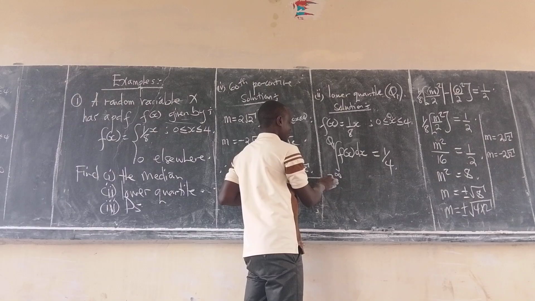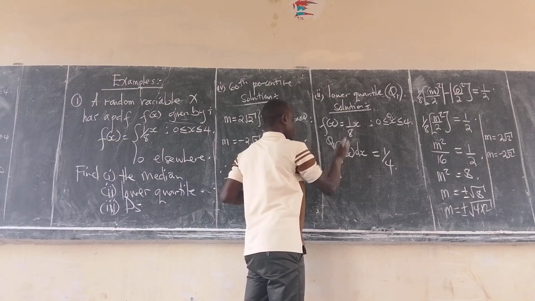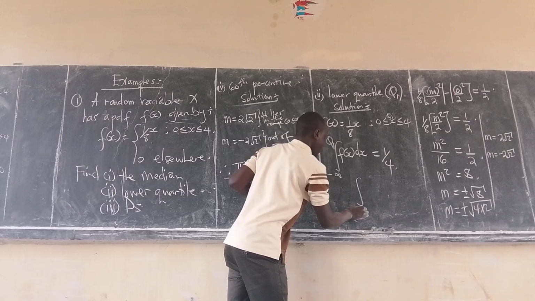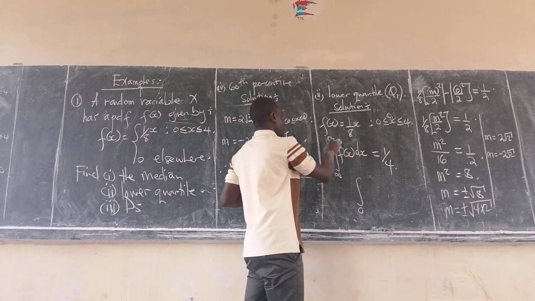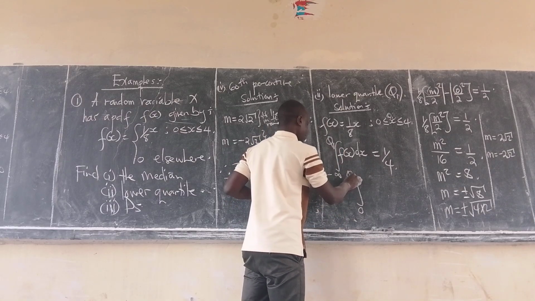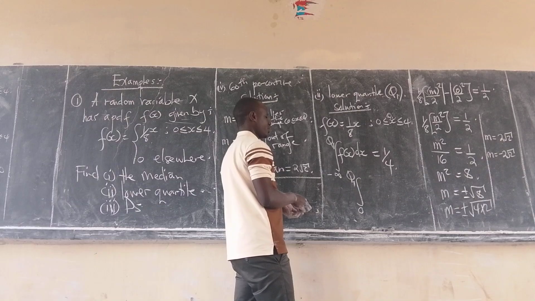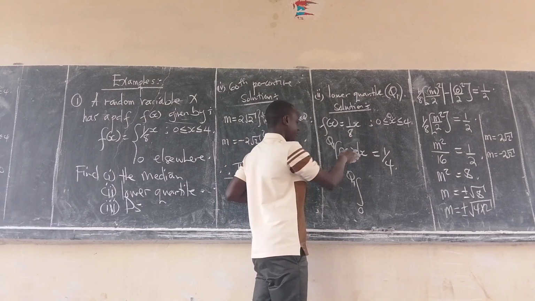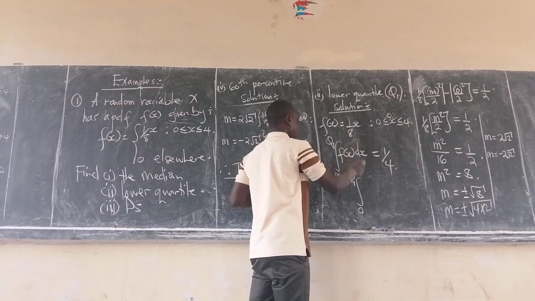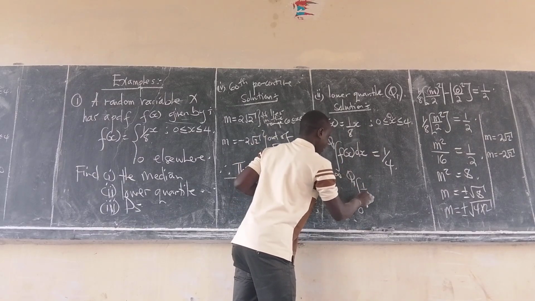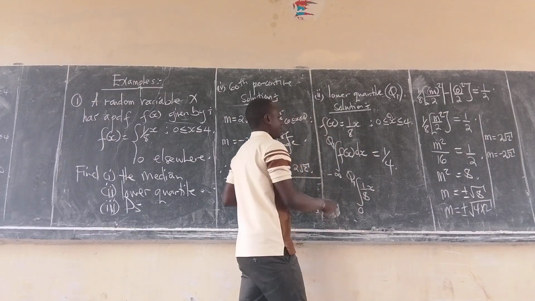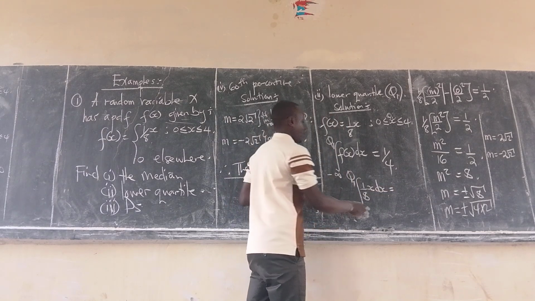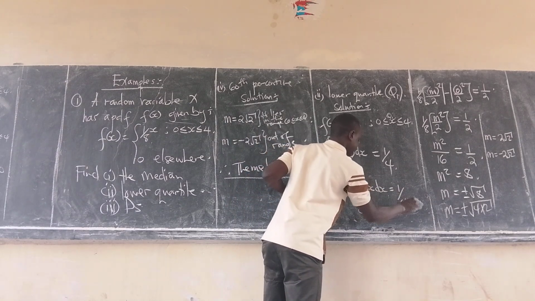Where there is negative infinity, we remove it and put the lower limit of the interval. So it will be an integral from 0 to Q1, which is what we are looking for, of 1 over 8x dx, and the answer should be a quarter.